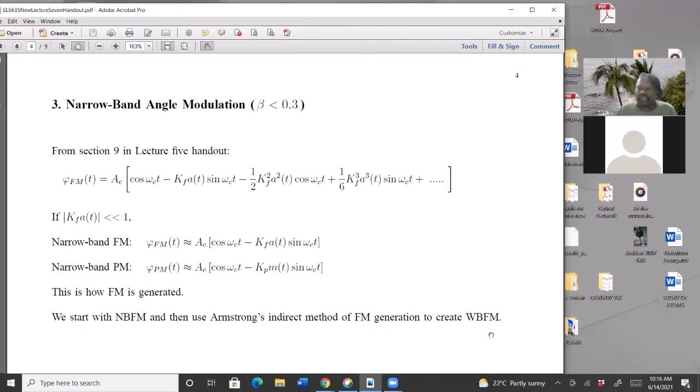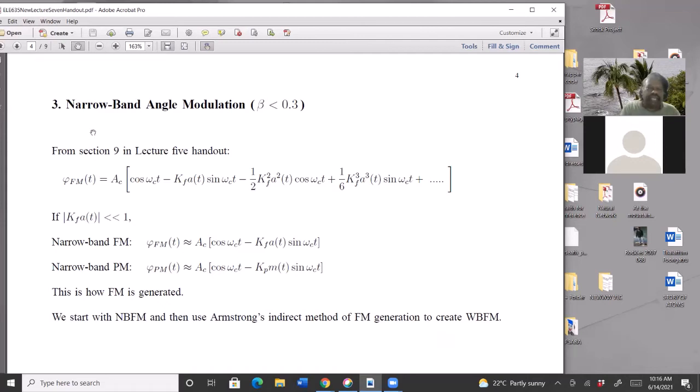In AM, as long as your message signal bandwidth is fixed, the modulated bandwidth is fixed. It is 2 times B. But in FM, you can have 1.5B, you can have 2B, 3B, 4B, 5B, you can have whatever you want. But there's a problem.